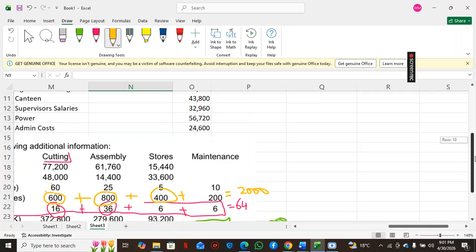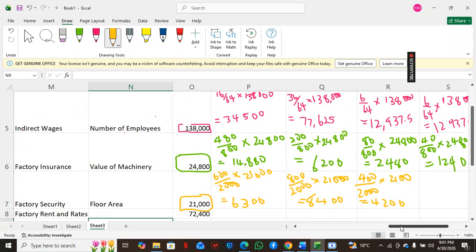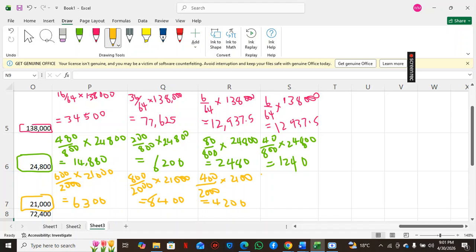And this last one, maintenance, 200 over 2000. 200 over 2000, you're going to get 0.1. 0.1 times 2100, 210.